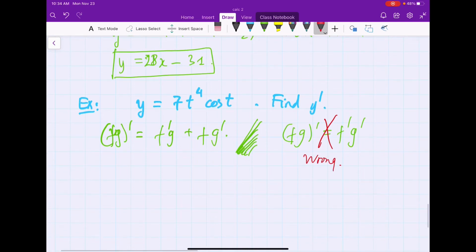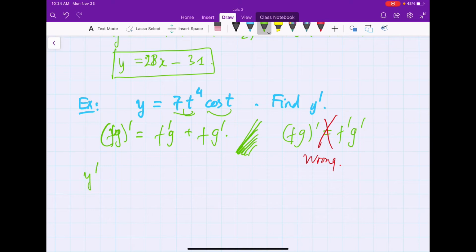Okay, so once you have the formula, the function f is t to the 4. You don't have to pay attention to 7 because that is just a coefficient. You might take that out, right? So you might think f is t to the 4 and g is cosine t.